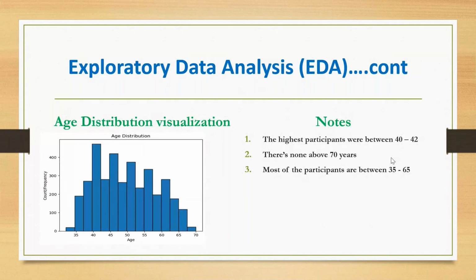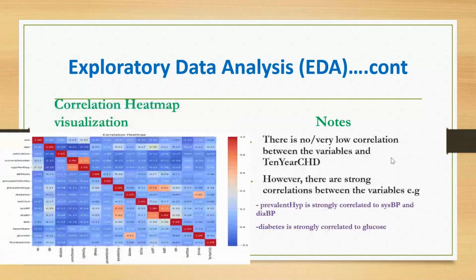We also went ahead to just visualize some of the variables, like age distribution. You notice that the highest participants were between age 40 to 42. There was none above 70, and most people were between 35 and 65.